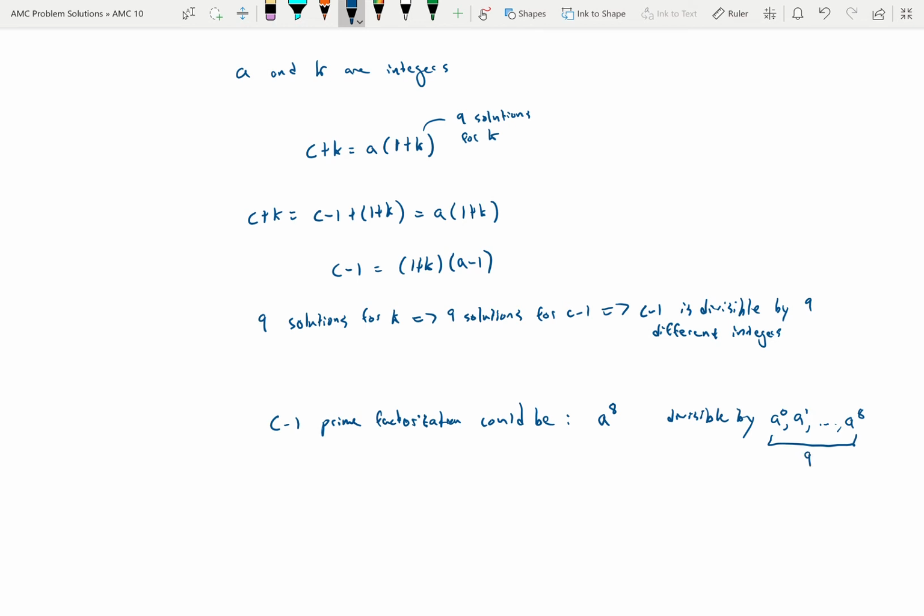So that's one possibility. Another prime factorization could be a squared, b squared.